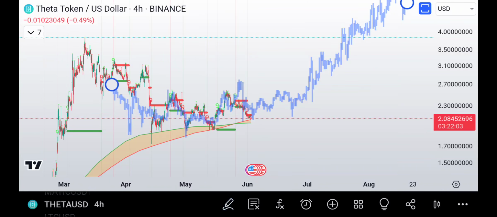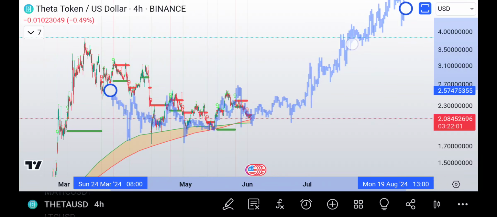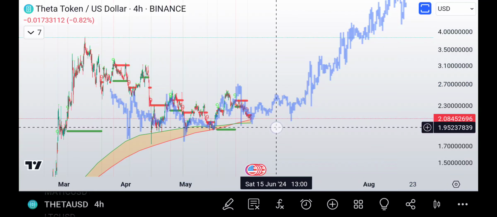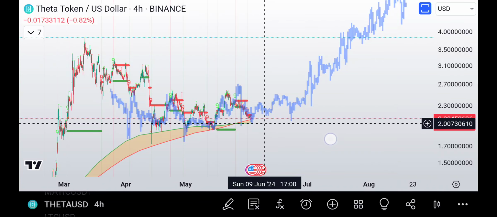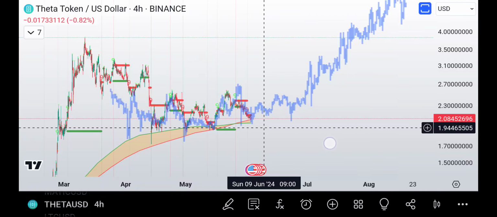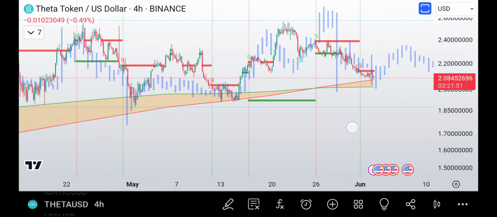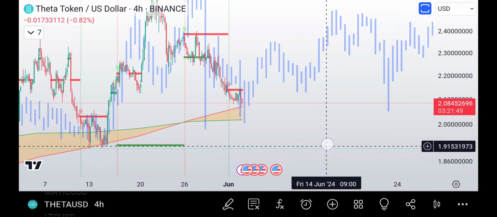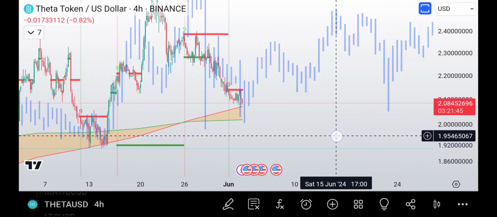Now, again, the low might not be in. We might need a little bit lower to go. I would say as long as we hold above $1.90. Let's see. I don't want to break this low, so I would say $1.95.